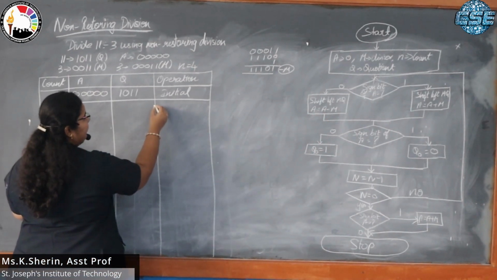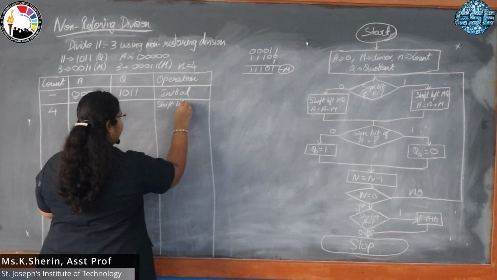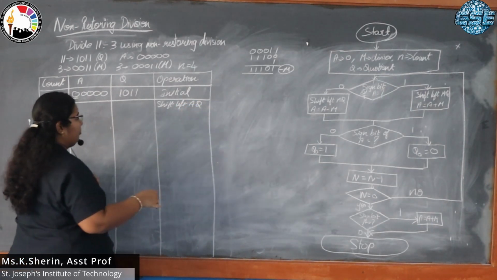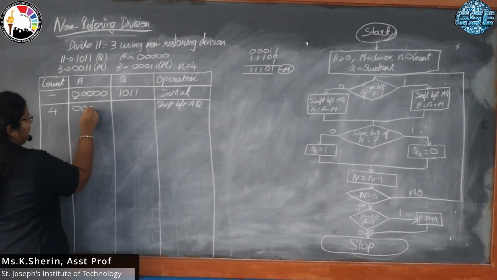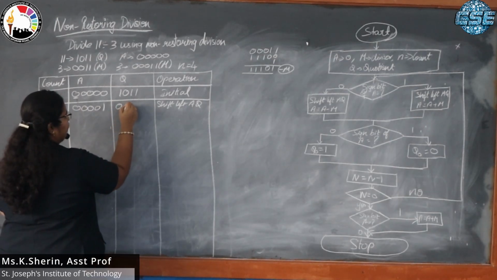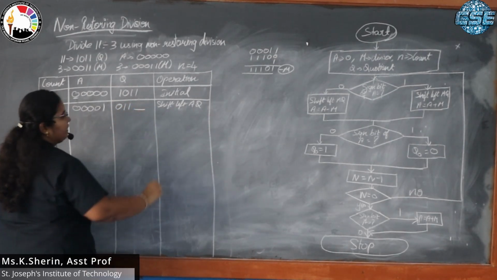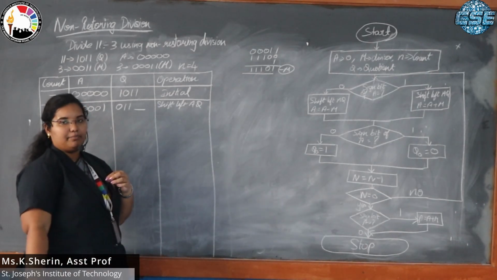So here I'm writing it as again shift left of AQ operation. So how do you do your left shift operation over here? 0000 and 1, writing it as 0 1 1 and leaving it blank. Same restoring part, the same procedure is going to happen over here.